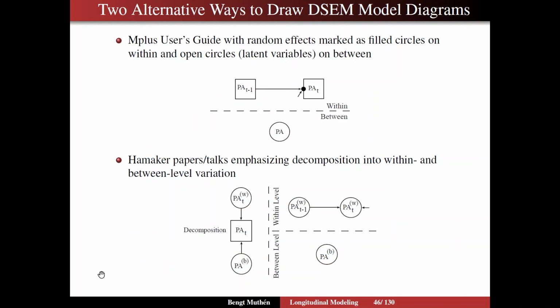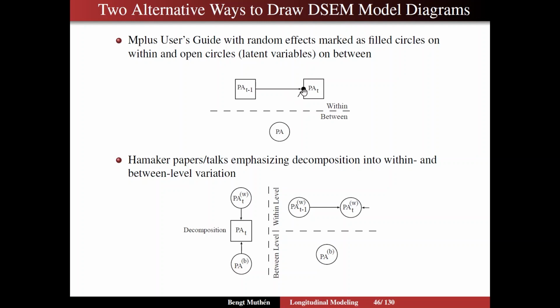Now, we should recognize that there are alternative ways to draw these DSEM model diagrams, and in fact, I draw them differently in the Mplus User's Guide. You've probably seen this drawing here in a simple case. We have a regression of PA at one time point on the previous time point, and we mark random effects like a random intercept here, regression, y equals a plus b times x.